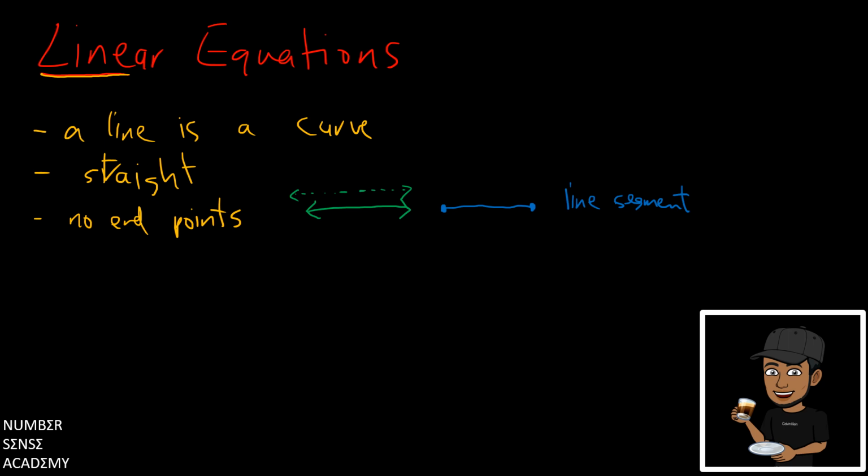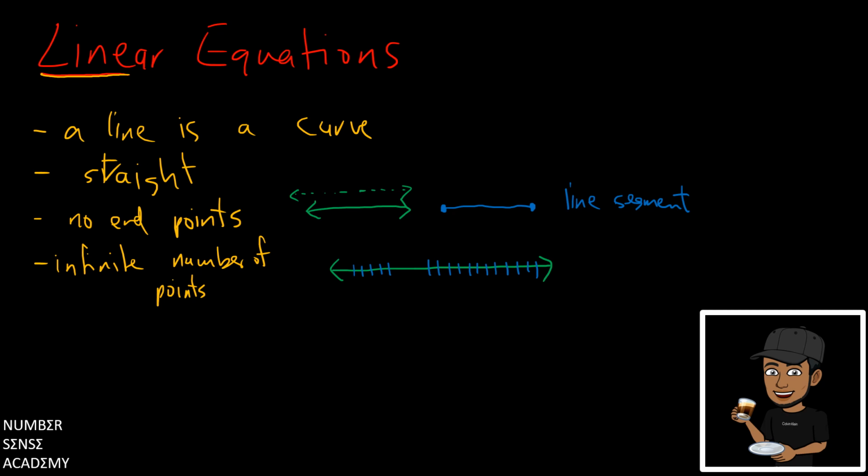On this line, because it goes on forever, there are infinite points. If I take a line and draw it out, I could find these different points, and there's an infinite number of points on these lines.